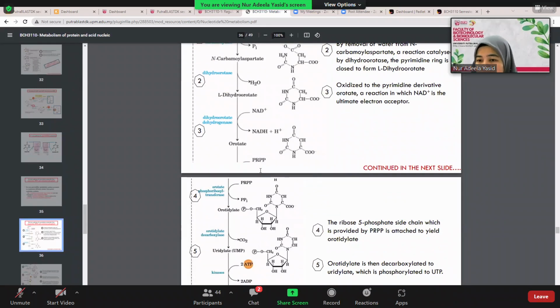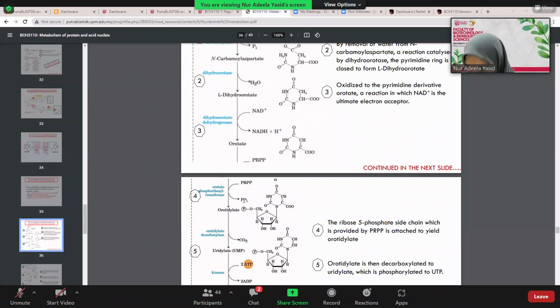Okay, so now contoh from orotate to orotidylate. It reacts with PRPP. So you can now letak PRPP punya structure dekat sebelah. Look at the name of the enzyme as well: orotate phosphoribosyl transferase. So it transfers phosphoribosyl, and it releases this inorganic pyrophosphate.